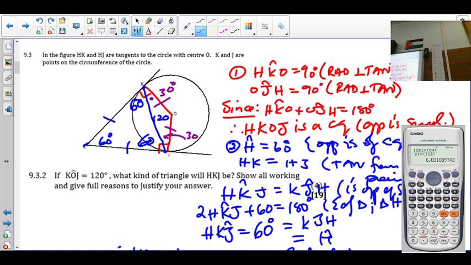Since that is 30, and then I pick up that 60 there, opposite angles of cyclic quad, and then 90 minus 30 is 60 and 60. Then you also could have proved it that way as well. So in geometry, as you know, there's more than one way of proving what is asked here.